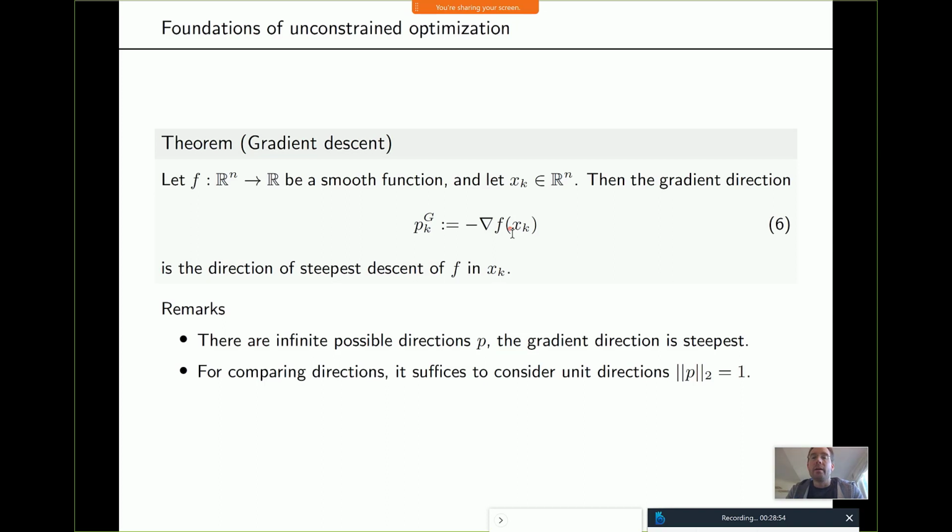So if you go in parameter space from xk in the direction of pgk, so in the direction of the negative gradient, then in terms of the function value, you go in the direction of steepest descent.